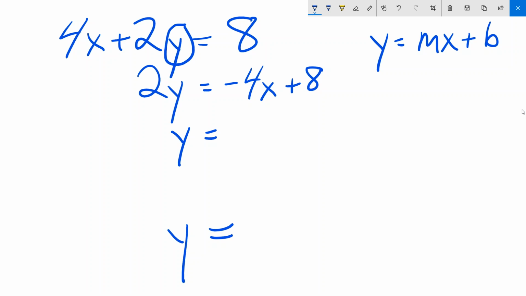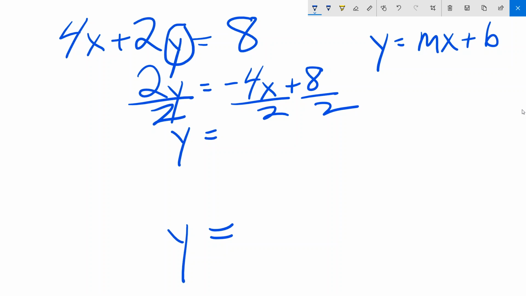Y is equal... divide both sides by 2. So if I'm dividing each side by 2. Okay, I'm dividing that side by 2, I'm dividing that by 2, I'm dividing that by 2.